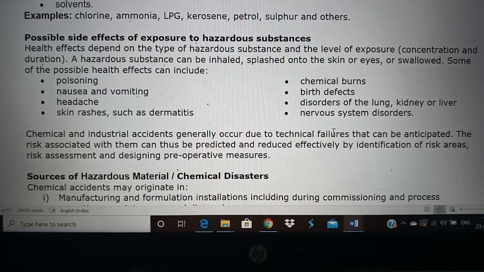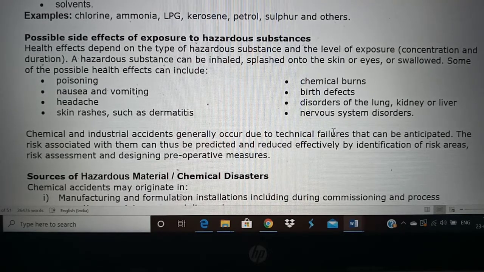So when we get affected, the signs and symptoms or the side effects that can happen are symptoms of poisoning, that is nausea and vomiting. Nausea means a vomiting sensation, and then people can vomit also. Then there can be headache, skin rashes, and chemical burns.